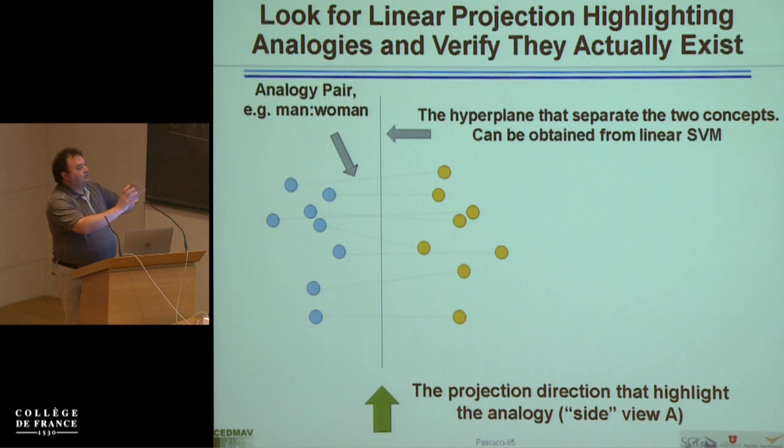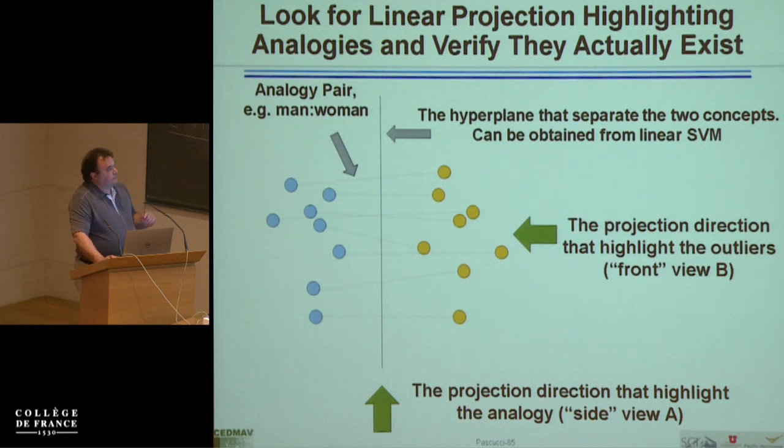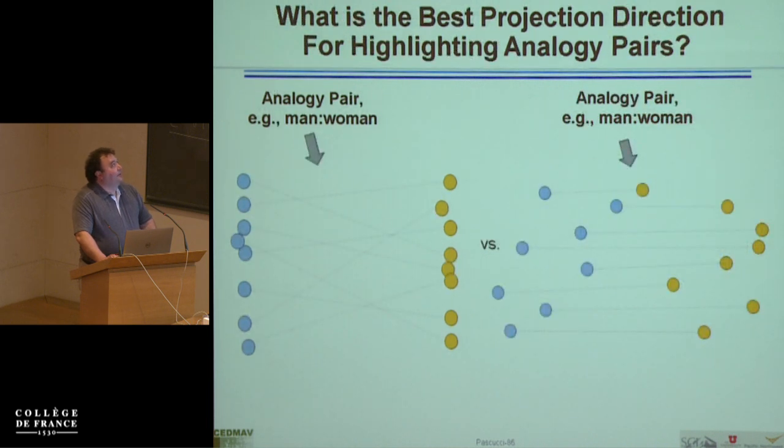I could look at the vectors from the side so that I hope to make them look parallel to each other. And I can look at them directly in front. So each vector should become a point because I'm just looking straight down the direction of the analogy. So that would be, if it's true that I have those vectors, I should have those views. And the question is, is that true or not?